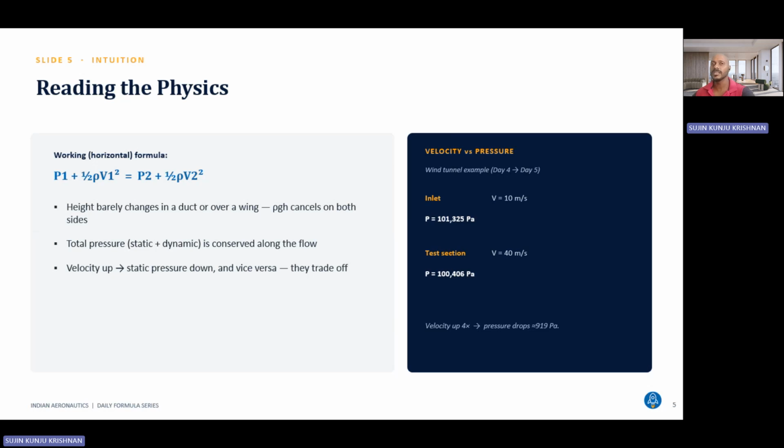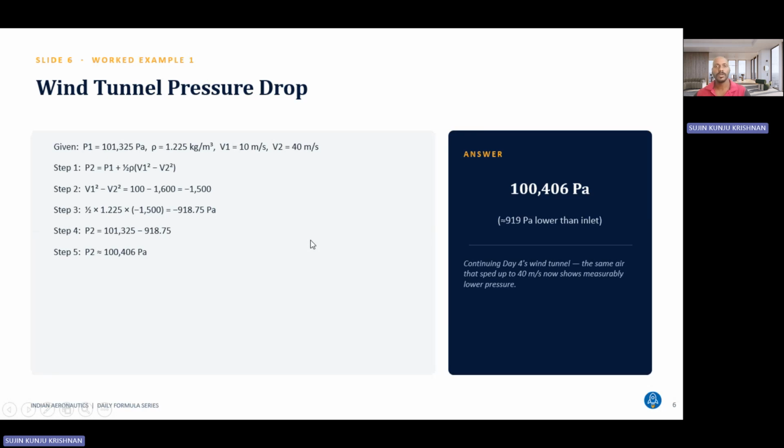So let's reuse both of yesterday's examples, the wind tunnel and the venturi tube, and finish the job by finding the pressure at the narrow section. Wind tunnel pressure drop. Example 1: in yesterday's wind tunnel, air entered at 10 meters per second and accelerated to 40 meters per second in the test section.